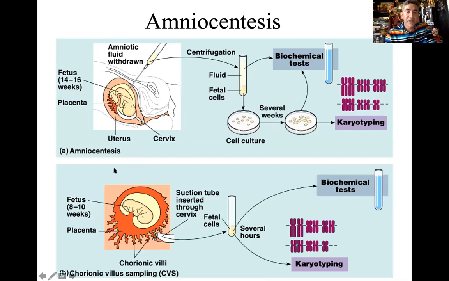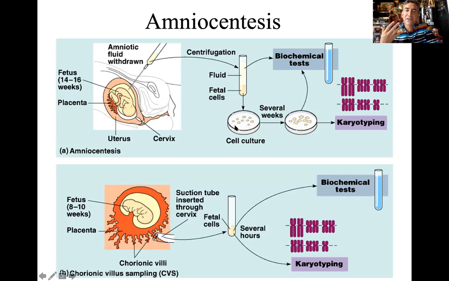Early on, we have what we call chorionic villi sampling, where we can take some cells from the chorion that's helping to develop the placenta and the amniotic sac. Those can provide cells. A little bit later in development, they can stick a large needle in and extract cells from around the fetus, from within the amniotic sac.